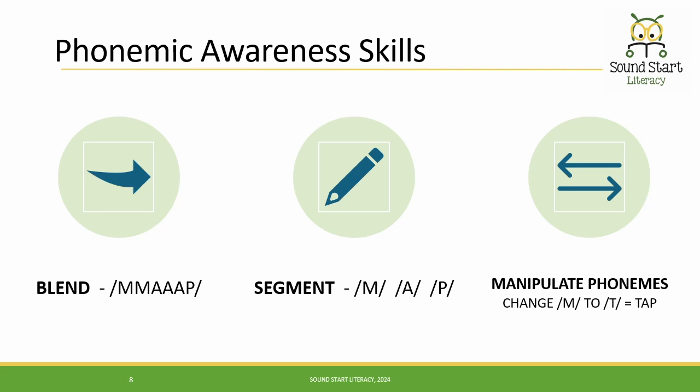Now, some students have great difficulty doing this. They might give you the individual sounds like /m/ /a/ /p/ and then say pat. It gets sort of mixed up in their brain, sort of like alphabet soup, and then they give it back to you and it's completely different. So we will be addressing some of that later on about how we can support students who have difficulty with blending, but blending is a critical skill.